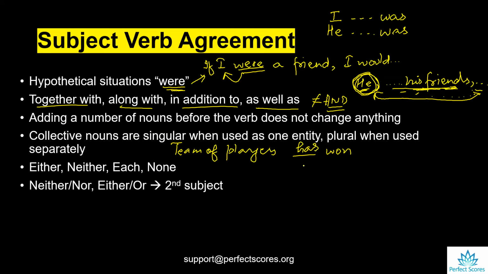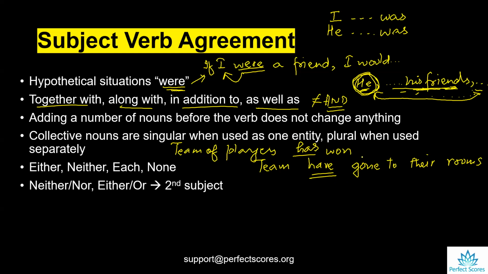But if they're doing something separately, let's say the team of players have gone to their rooms, that means they're going to their own respective rooms. In that case, we are going to treat it as a plural noun. So again, it depends on the meaning. If they're doing everything together as one group, it'll be singular. If they're doing separate things, it will be treated as a plural noun.